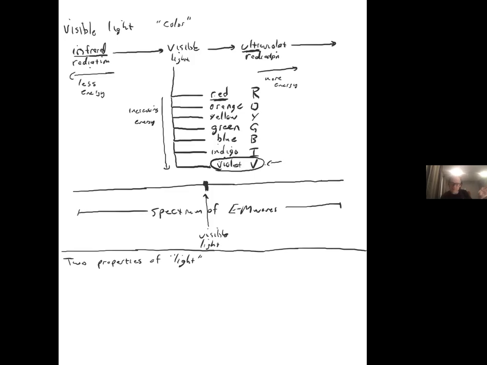It could be radio waves, it could be ultraviolet, it could be gamma rays. And these two properties are called wavelength and frequency. And the symbol for the wavelength is a Greek letter. You're going to see some Greek letters in this chapter. This is pronounced lambda.